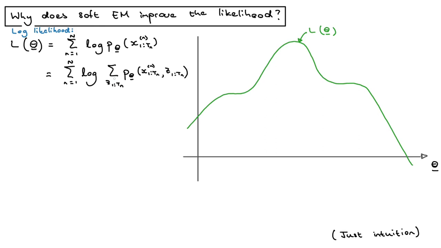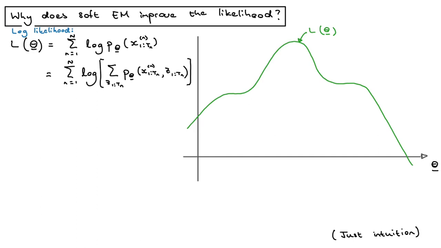Now, here's the crucial bit: the log of a sum is tricky to deal with. You can't just directly go ahead and calculate derivatives of this monstrosity with respect to the a's and the phi's in order to solve this problem and get a closed form solution.